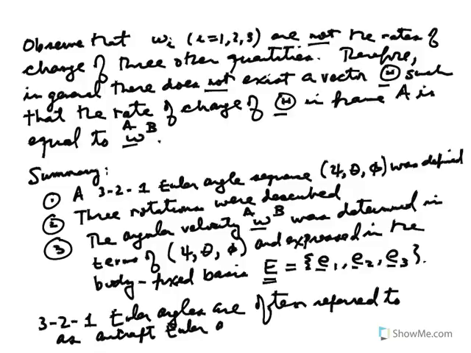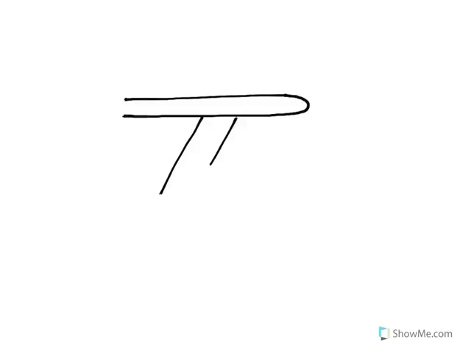To give you a visual, suppose you have a fuselage of an aircraft, and then you have the wings of the aircraft. Here are the wings. This is a very qualitative drawing, but it gets the general idea across.